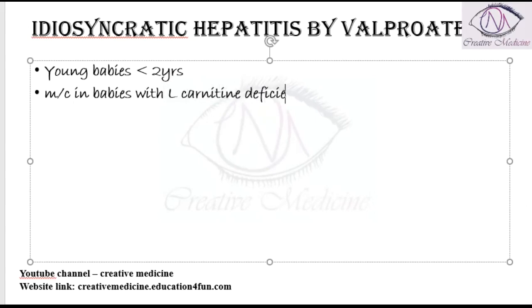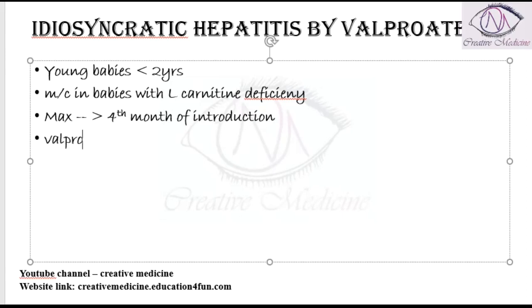In them, there are increased chances of hepatitis with valproate, and the chances of this idiosyncratic hepatitis are highest in the fourth month after introduction of valproate in the children. As a result, valproate is avoided in younger children and young babies.